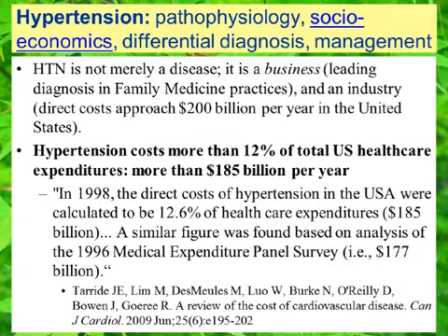In 1998, the direct costs of hypertension in the USA were calculated to be 12.6% of healthcare expenditures, $185 billion, and a similar figure was backed by other data. So again, hypertension is a disease, it is a diagnosis, and it's an entire industry with massive expenditures associated with it.